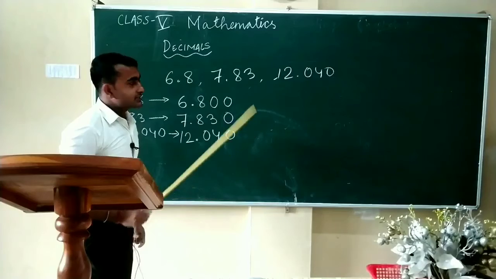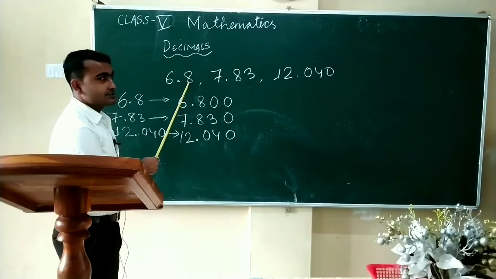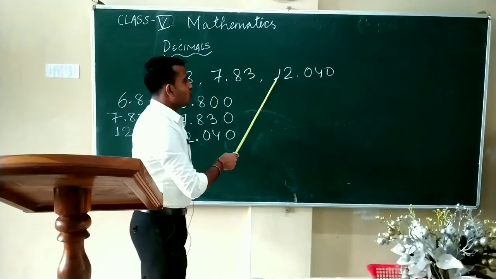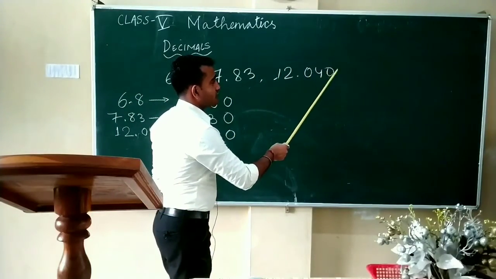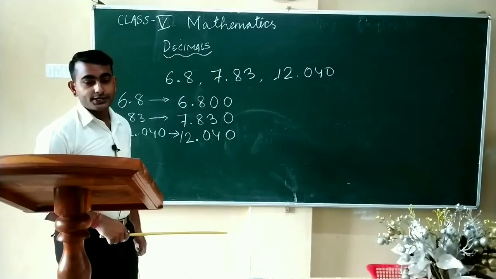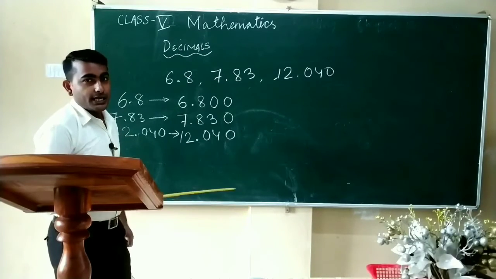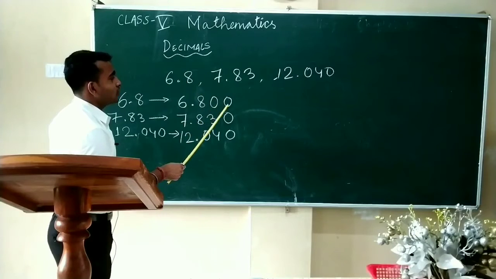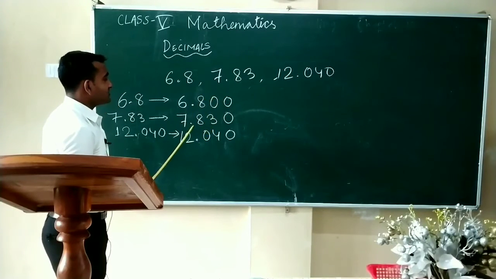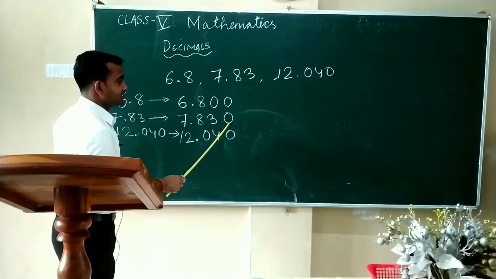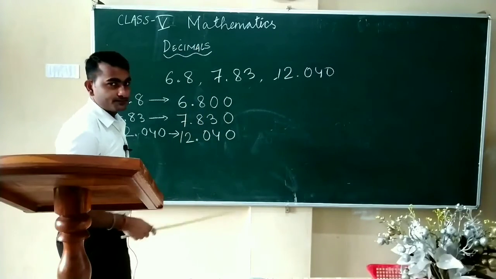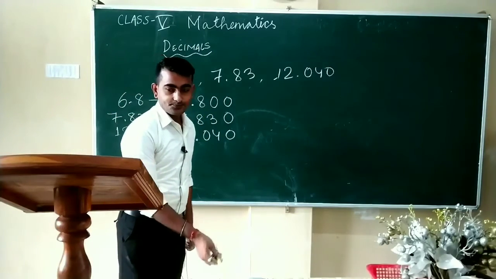Thus 6.8, 7.83, 12.040, when converted to like decimals, can be written as 6.800, 7.830, 12.040. Clear?